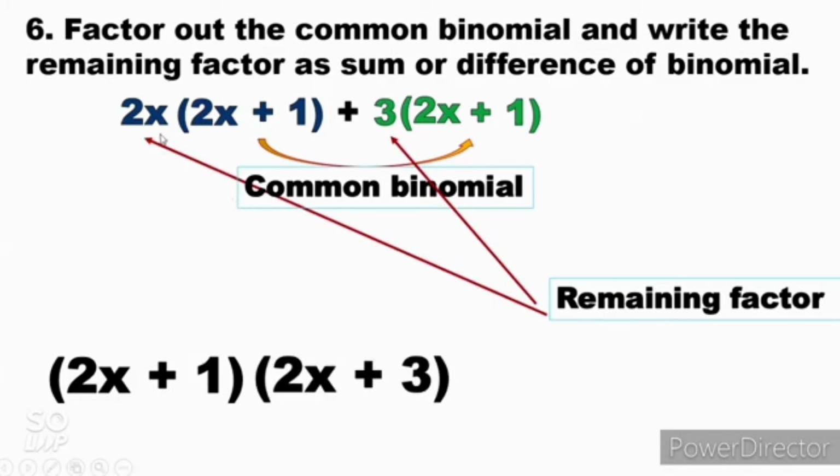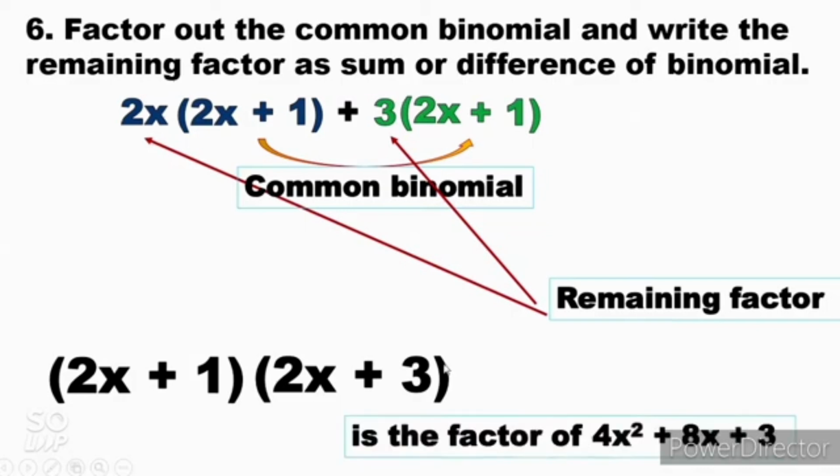Okay, so gugroup lang natin yung dalawa. Then, now we have 2x plus 3. So, the quantity of 2x plus 1 times the quantity of 2x plus 3 is the factor of 4x squared plus 8x plus 3. Okay, again, pinactor out ang common and then pinagsama ang remaining factor.